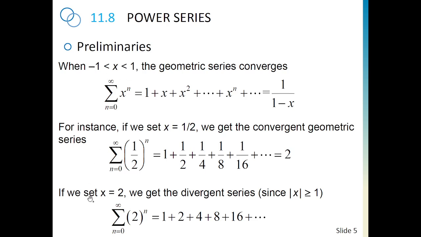So if I take, let's say, x equal 2, which is outside the interval -1, 1, the series is divergent, because I would have a divergent geometric series. So this series is equal to nothing, right? It's just divergent, doesn't have any sum, because it keeps increasing forever. So you see that for x outside the interval of convergence, the series is divergent and it's no longer equal to any function. So this is really interesting here.